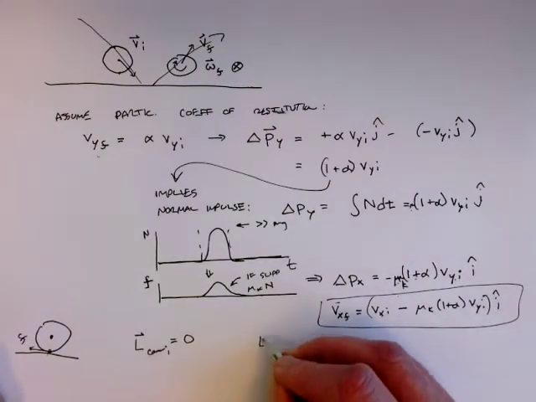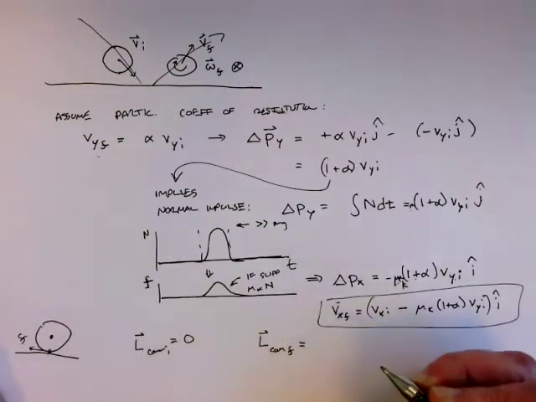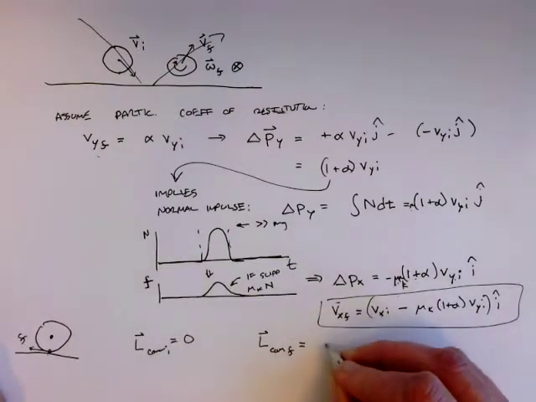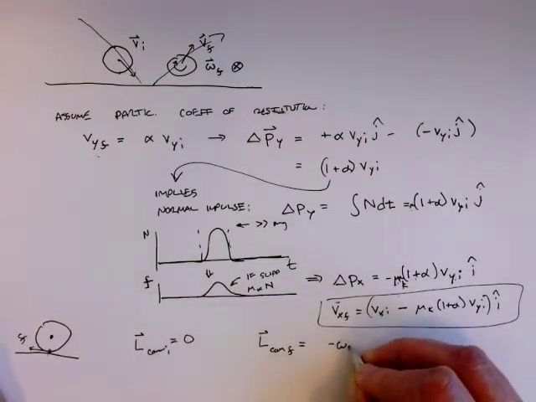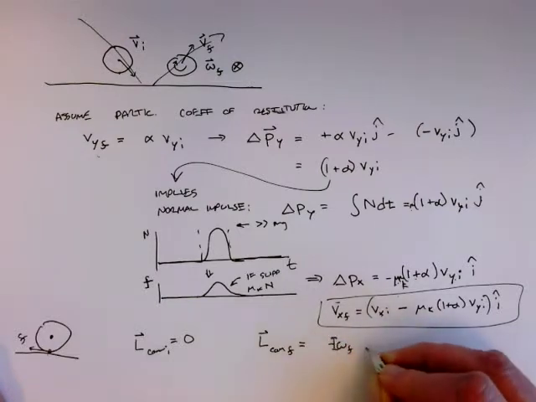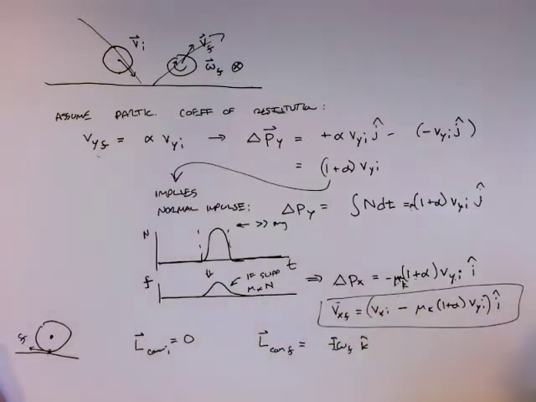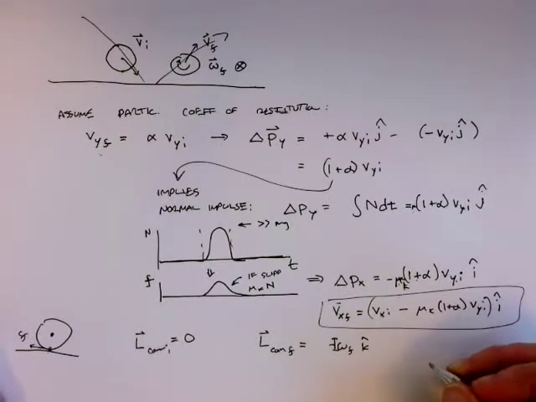My final angular momentum about the center of mass is going to be given by minus omega f times the moment of inertia in the k hat direction. It's going to be going into the page, and that final angular momentum will be equal to my initial angular momentum plus whatever the angular impulse is.